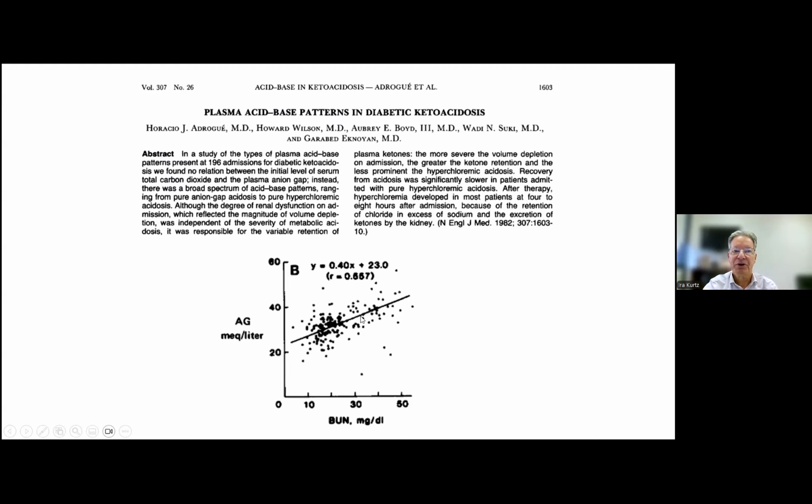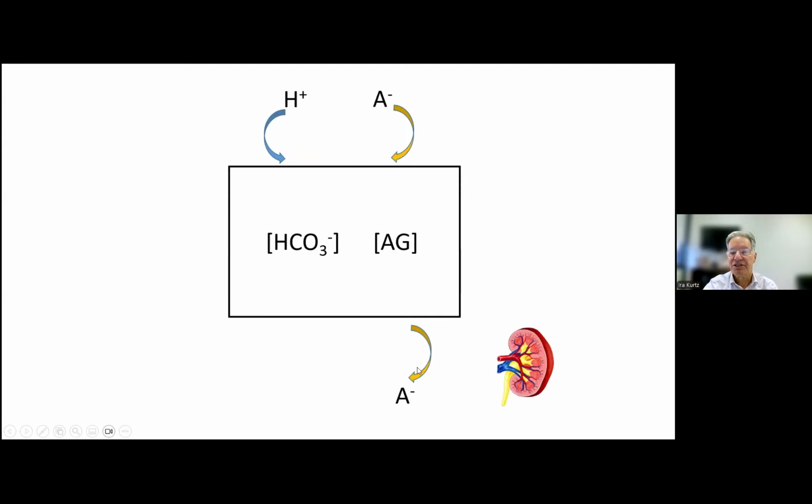And there was a paper a number of years ago showing that the anion gap in ketoacidosis depends on what the BUN is. They didn't use the creatinine here. But the bottom line is that the anion gap varies with the GFR. And the reason is the GFR is a very important determinant of what the excretion is.